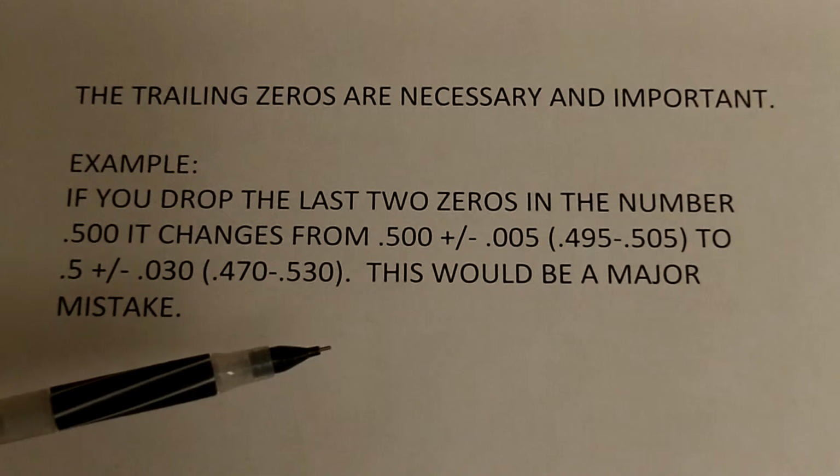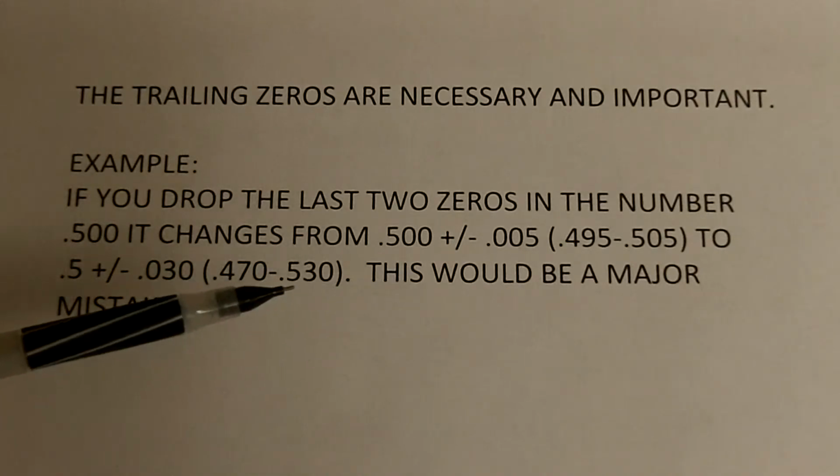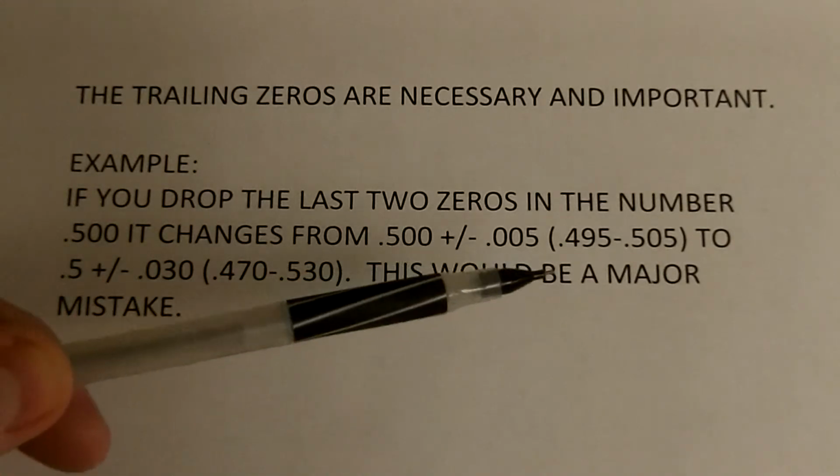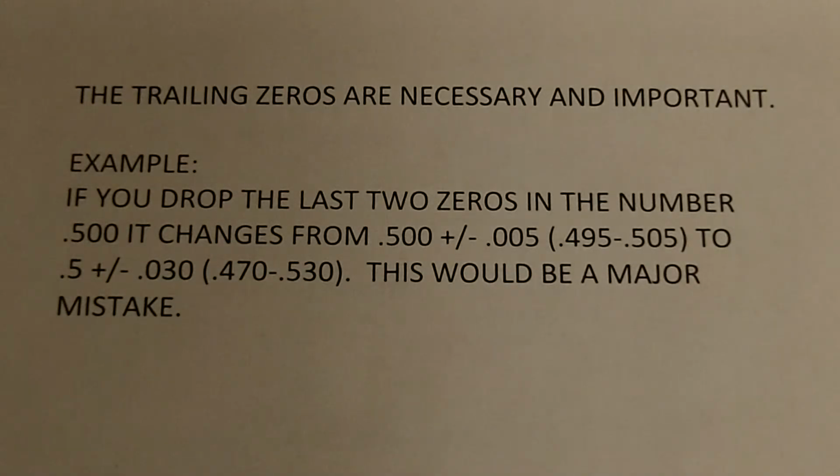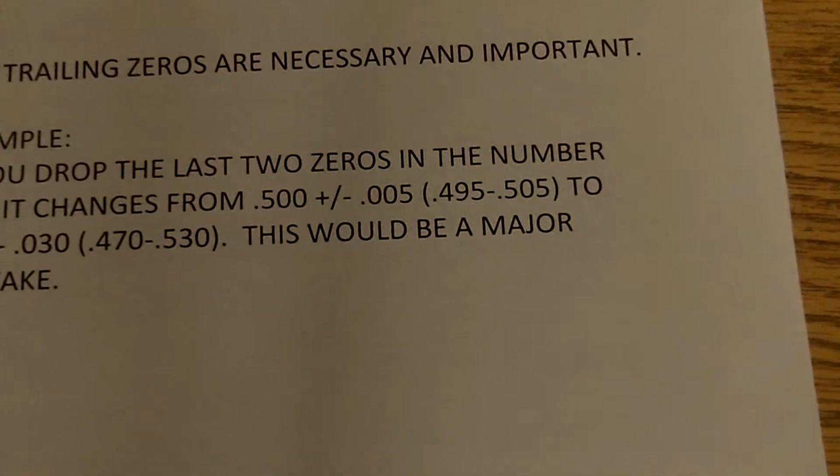This would be a major mistake if you produced the part using this tolerance when this was the required tolerance. There's a big difference in there. So you've got to make sure that you keep all of the trailing zeros.